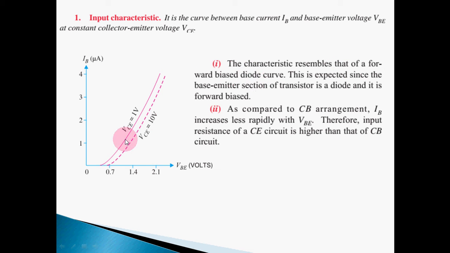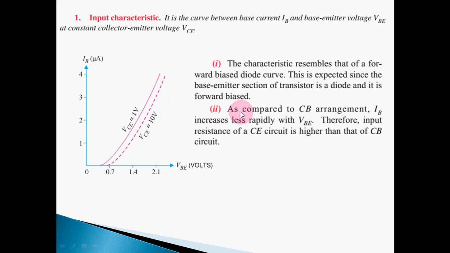In a nutshell, this graph looks like the forward bias junction graph. That means the base emitter junction of a transistor is forward biased. This is the number one point.